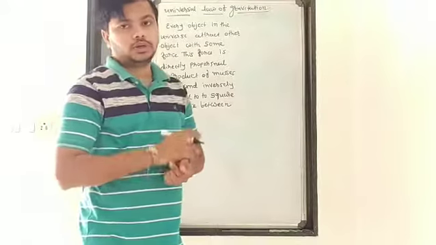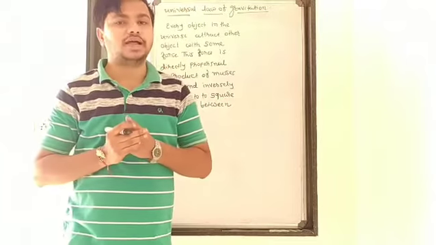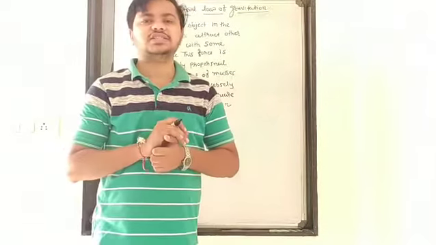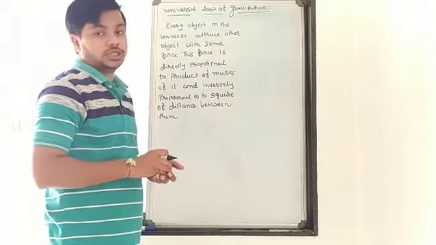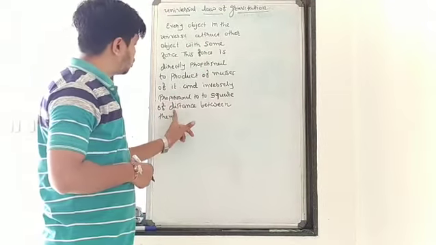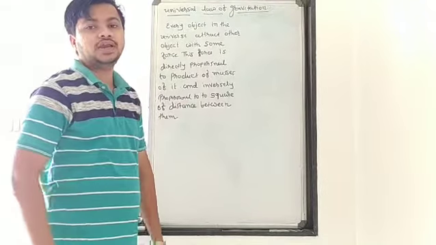It also depends on the distance between the two objects. If the distance is higher, the force is less. If the distance is less, the force is higher. Both are inversely proportional to each other. But not only inversely proportional to the distance; it is inversely proportional to the square of the distance between them.